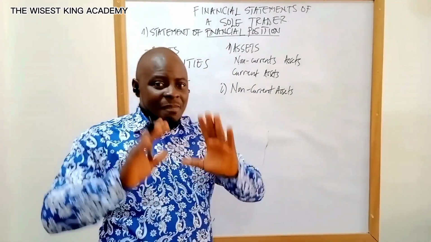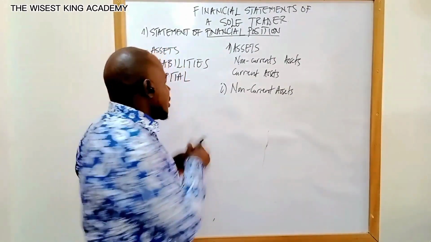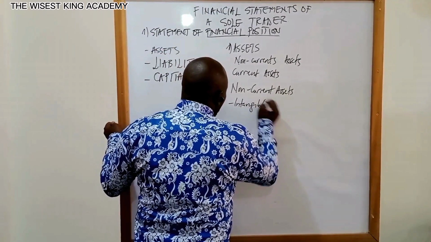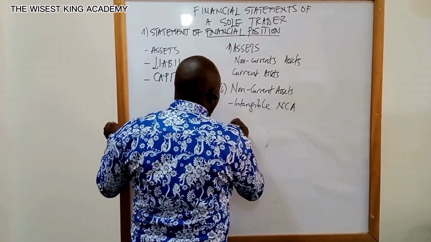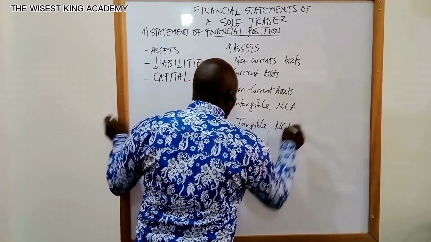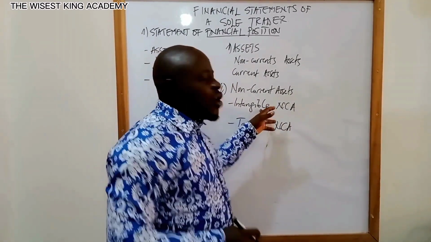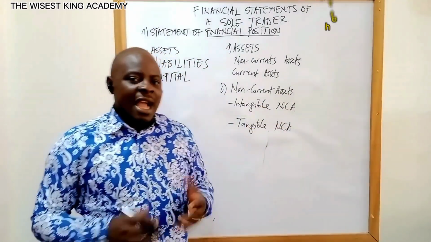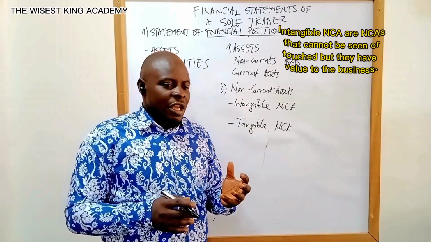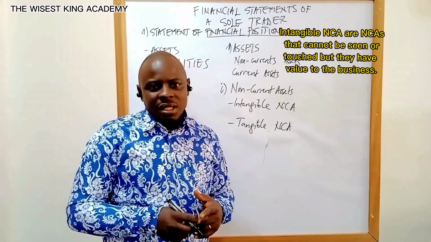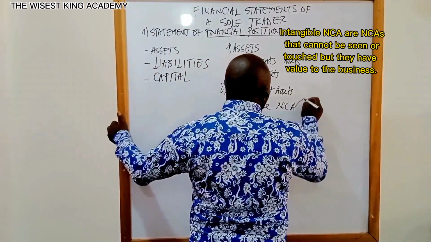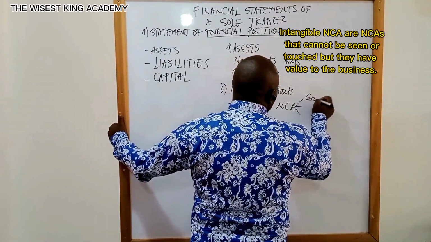These assets are subdivided into two categories: intangible non-current assets and tangible non-current assets. Intangible non-current assets are assets that cannot be seen or touched, but they are useful and important to the business.